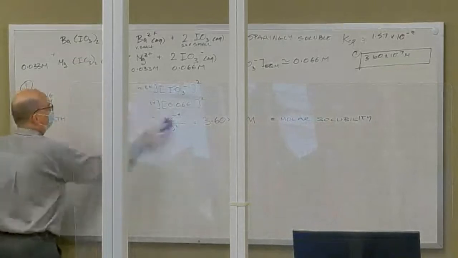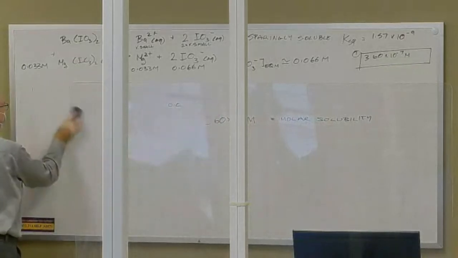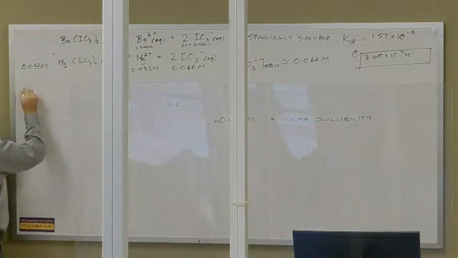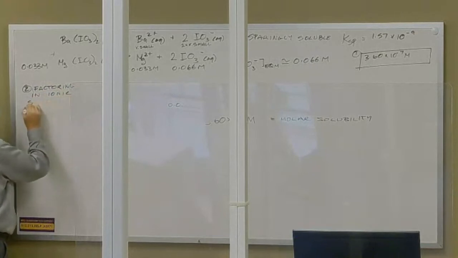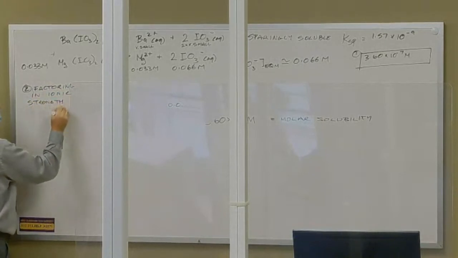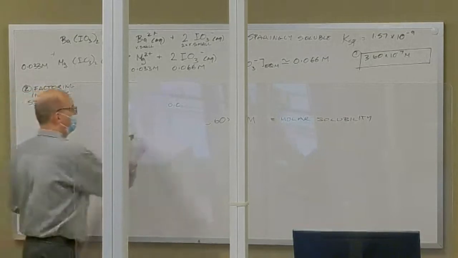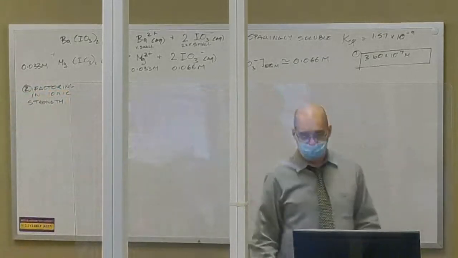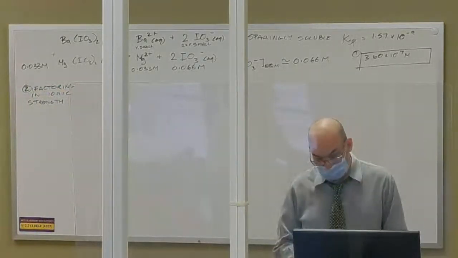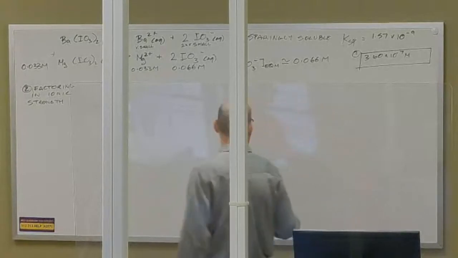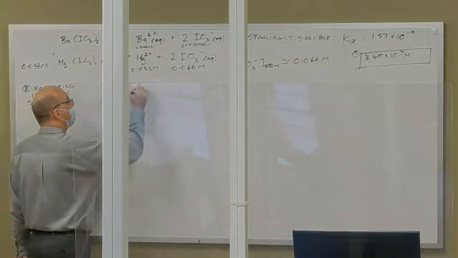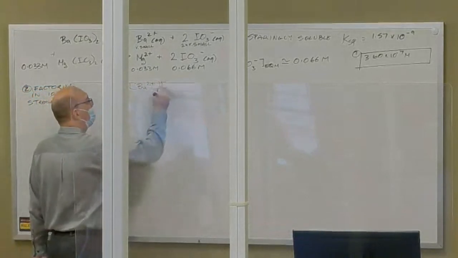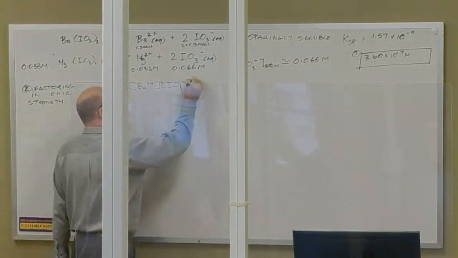Okay, if we think about ionic strength, if I go ahead and count ionic strength, and we already started this, we did part of this Thursday, that KSP, all right, I had written KSP is barium 2 plus times iodate squared.